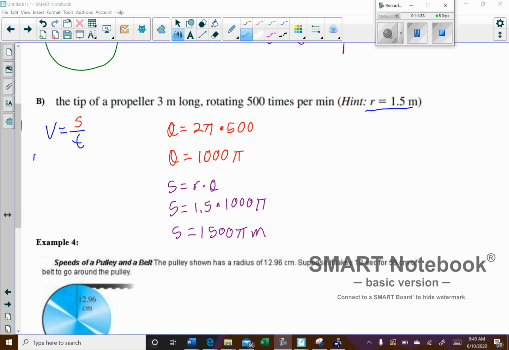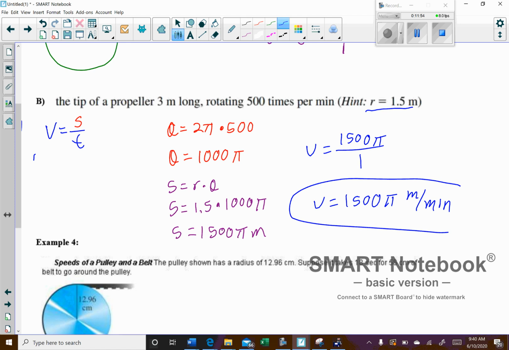Okay. And then time is just 1 minute. So just like the previous one, we're just going to divide by 1. So it's kind of not really going to change anything. So you divide by 1. So our linear speed is 1,500 pi. And then that's going to be meters per minute. So that's how fast that point on the edge of the propeller is going. So that's the linear speed.